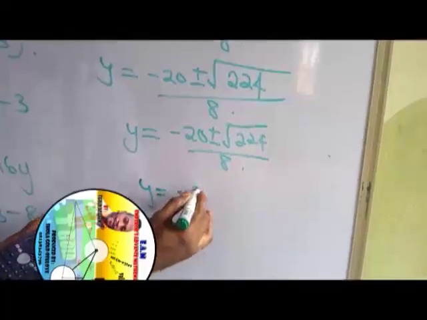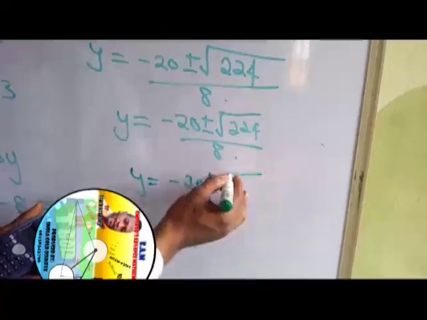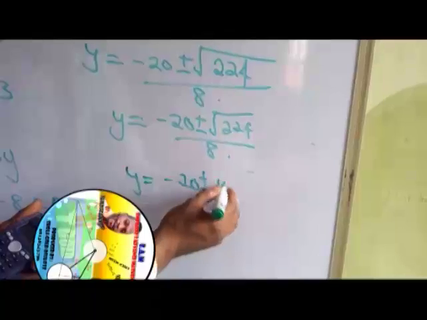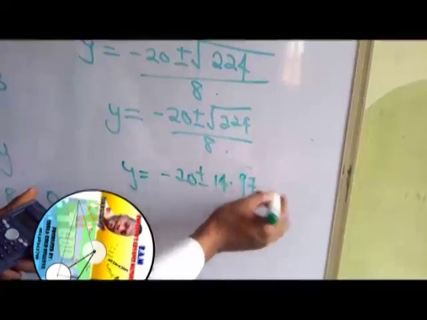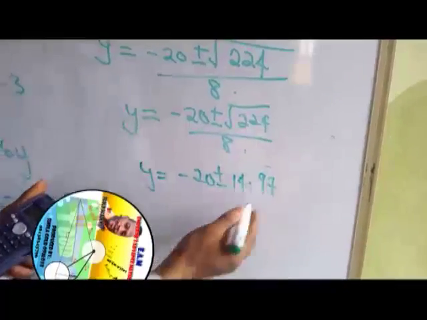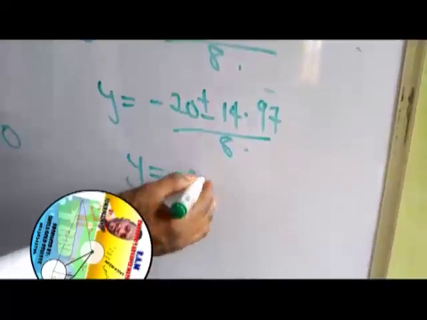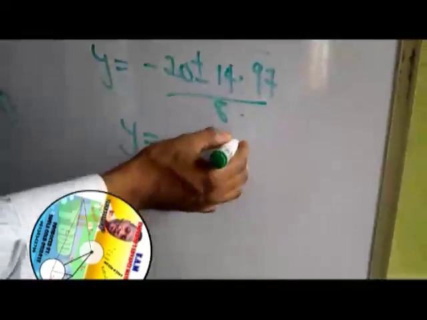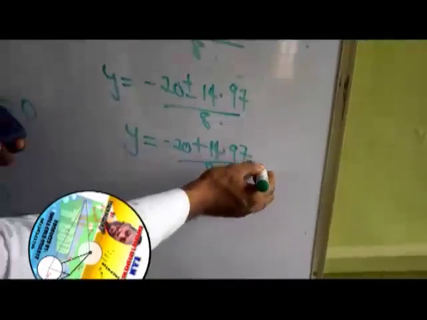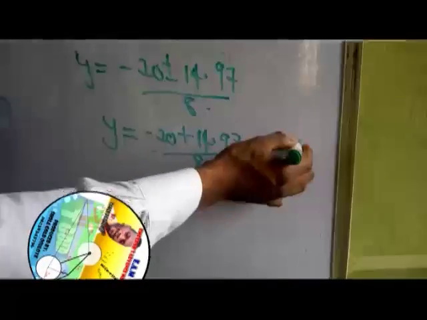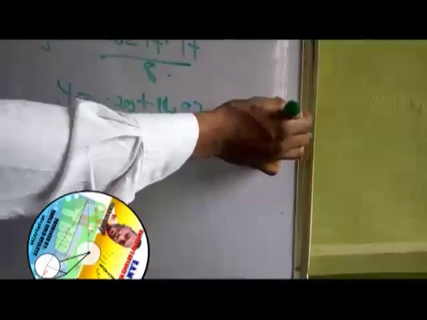It's going to give me minus 20 plus or minus the square root of this, which is 14.97, approximately to 2 decimal places, over 8. So I'm having y equal to minus 20 plus 14.97 over 8, or minus 20 minus 14.97 over 8. First one is plus.